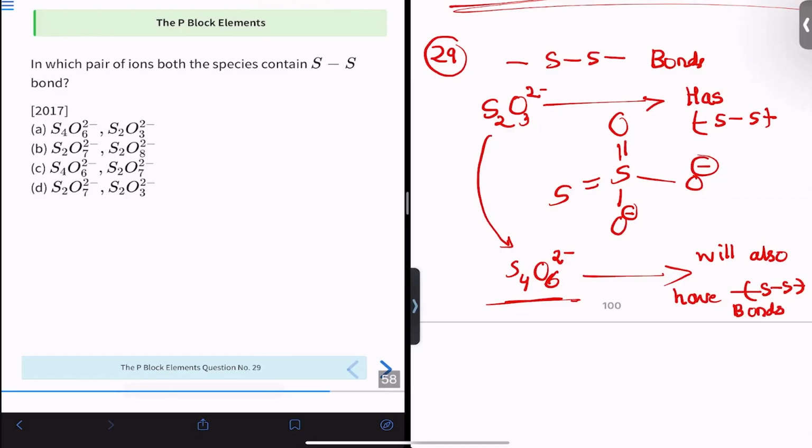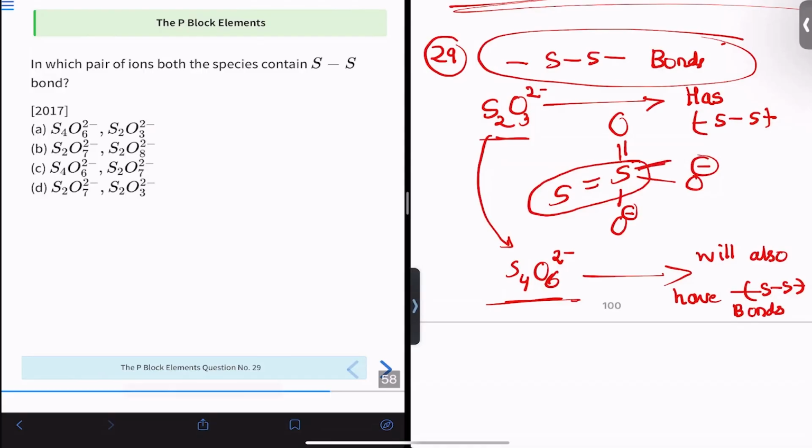I hope it's very clear for you. In the question they asked in which of the following pairs both contain S-S bonds. I drew the diagram for S2O3 2 minus, and you can see it has one S-S bond.